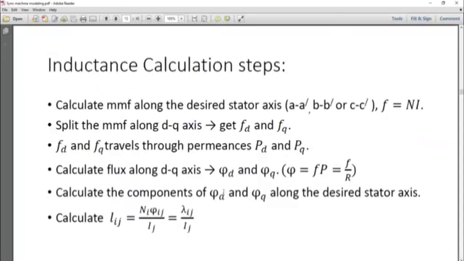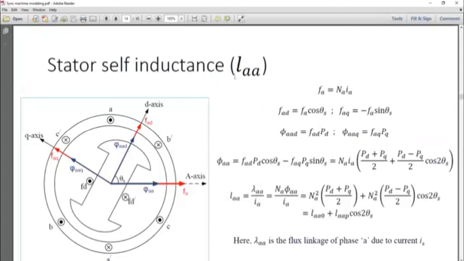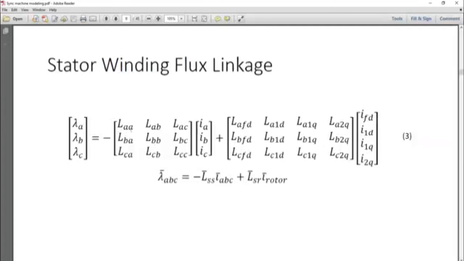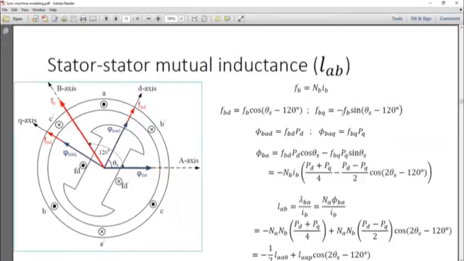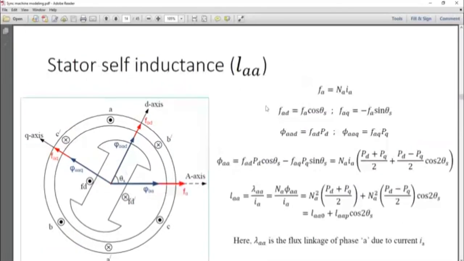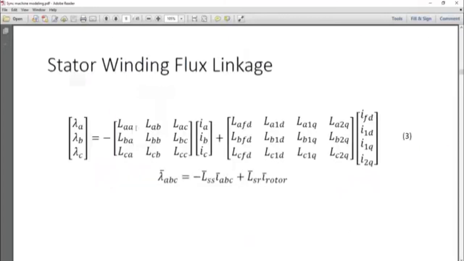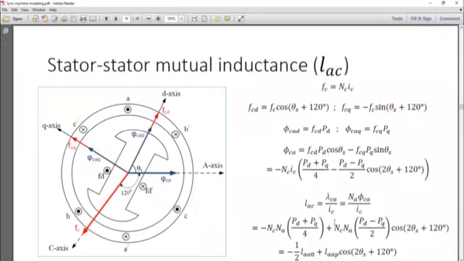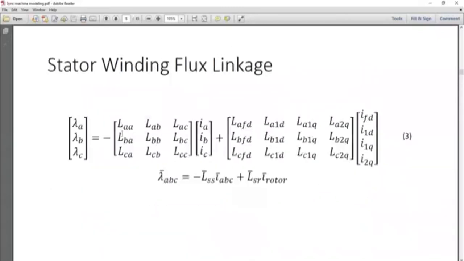What I said is, let's start from here. I have calculated LAA, so that means this one is done. I have shown the calculation for LAB, so if we look into the big matrix, LAB is done. Once you are done with LAB, it means you are done with LBA. Then LAC, the detail is shown here, so LAC is done and LCA is also done.